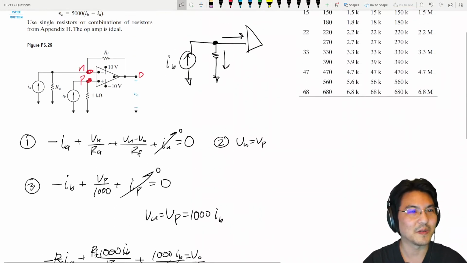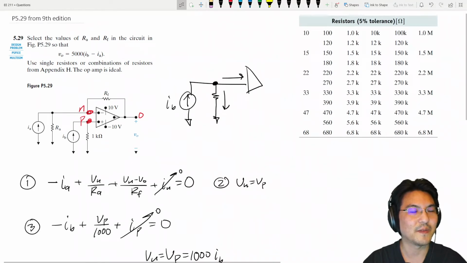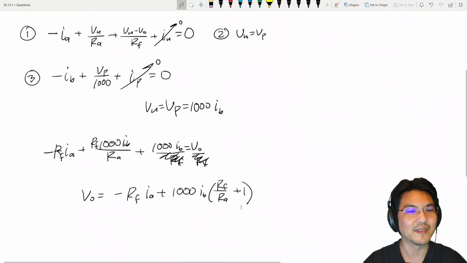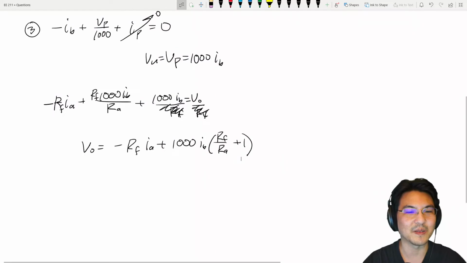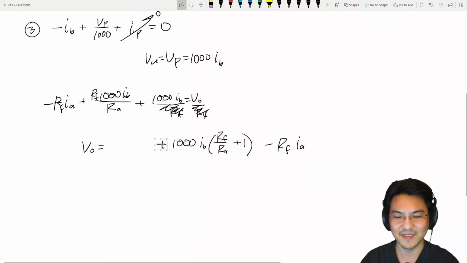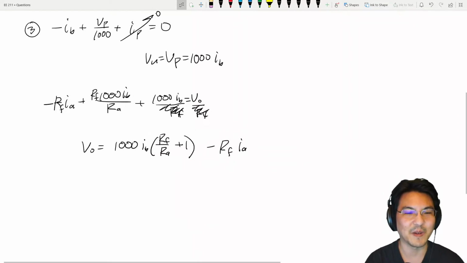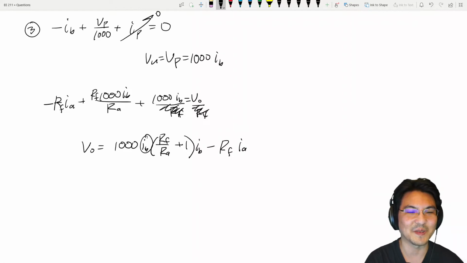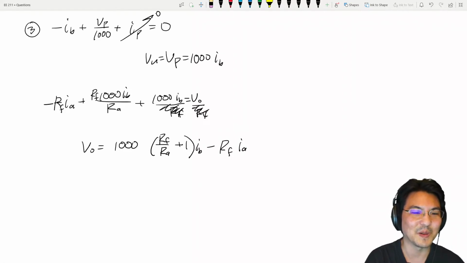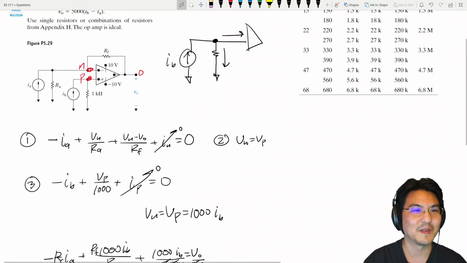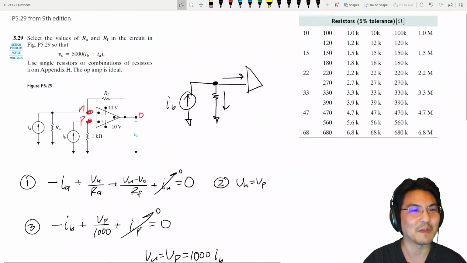And what was our original? 5,000 IB minus IA. Let me just swap these around like that. And let me write IB over here instead. I just want it to look similar to our goal. 5,000 times IB minus IA.